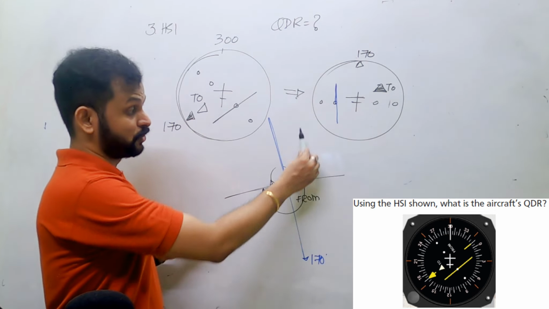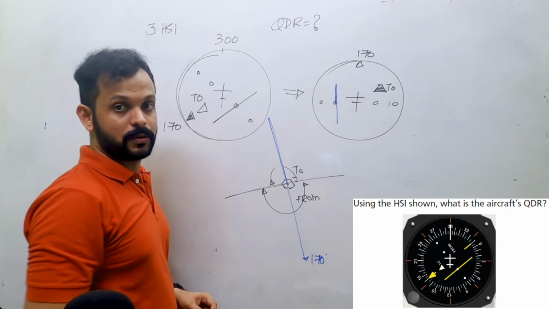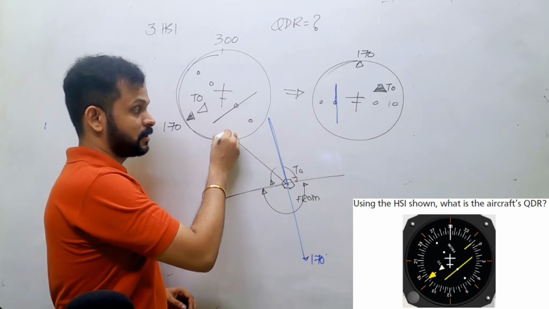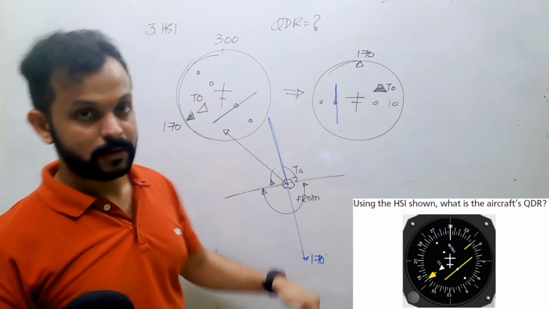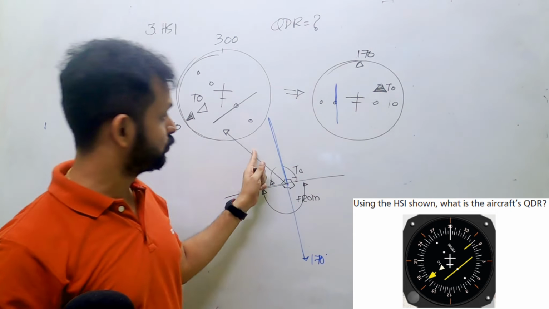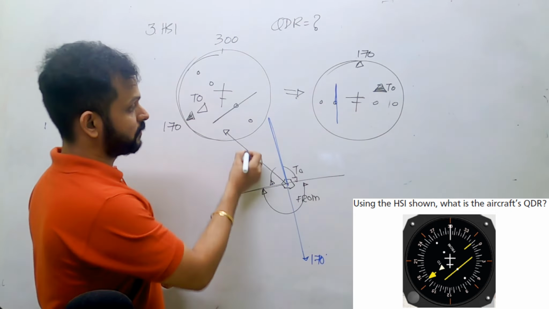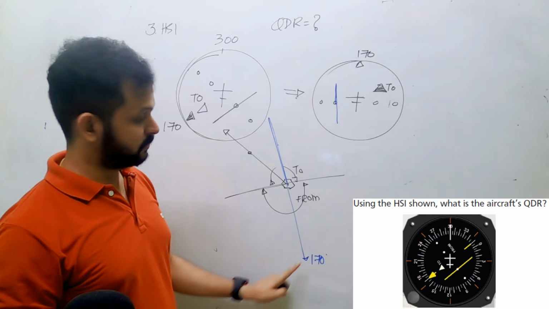Where is the aircraft? It's on the to side, not on the from side. To flag. On the to side. The aircraft is on the right side. That's right. The aircraft radial is here. That is why you're turning in that direction. The turn direction asks the aircraft to fly left, because your required radial is to your left. The aircraft is somewhere here, and you're asked to fly left if you want to intercept this 170 radial.